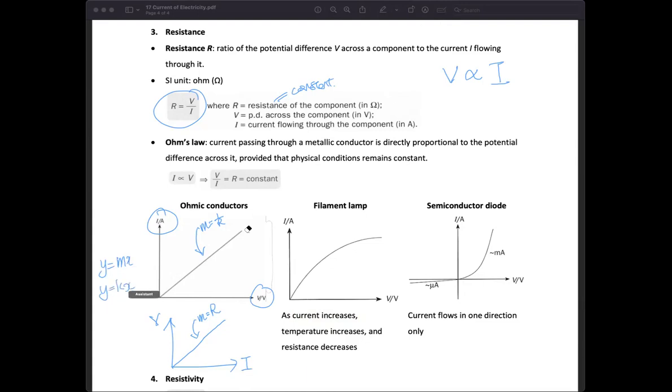In this case, if my V is equal to RI, your V is your y, your I is your x, your R is your m or your gradient. Is that clear? But if I were to draw I over V, my gradient will be 1 over R. Clear so far?